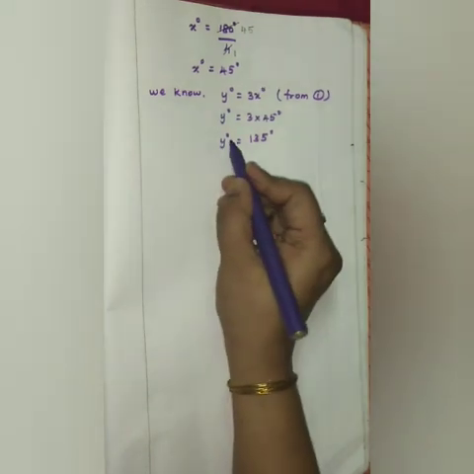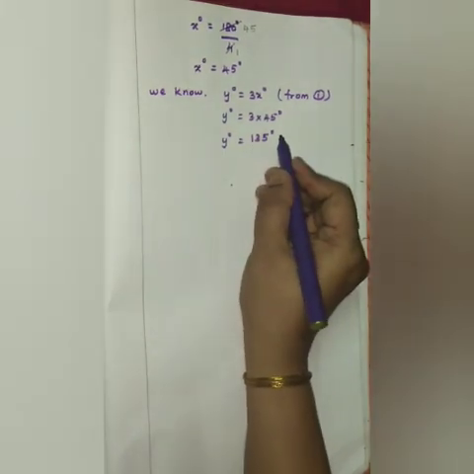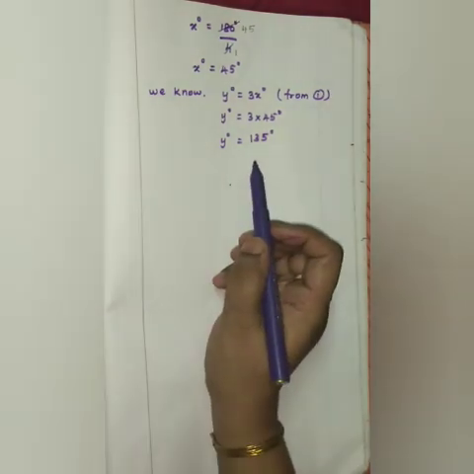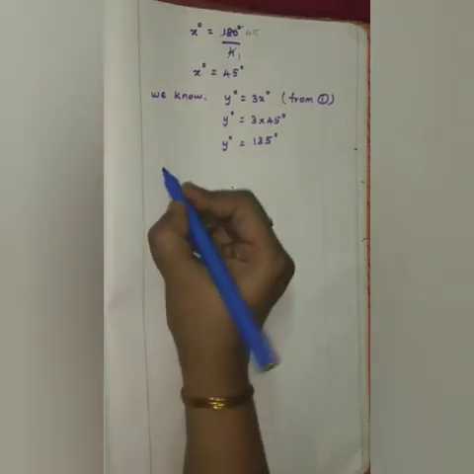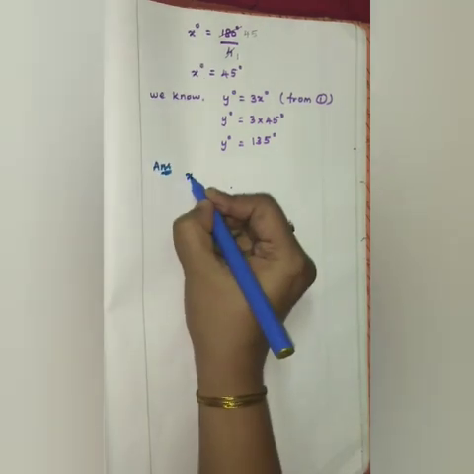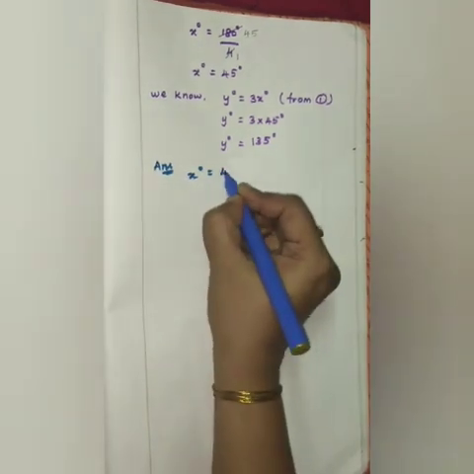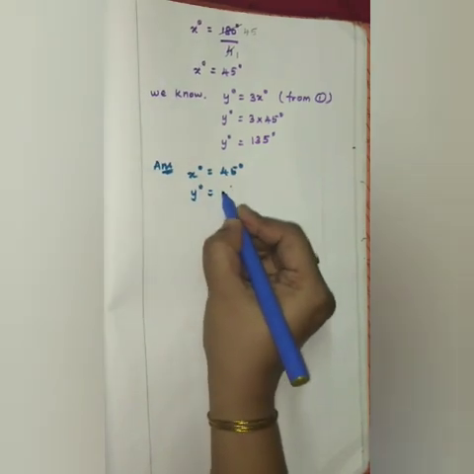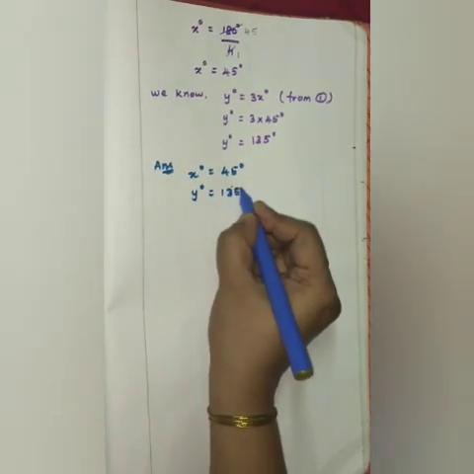So the value of y degree is 135 degree. So we found the value of x degree and y degree which we are asked to find. Answer: x degree is equal to 45 degree, y degree is equal to 135 degree.